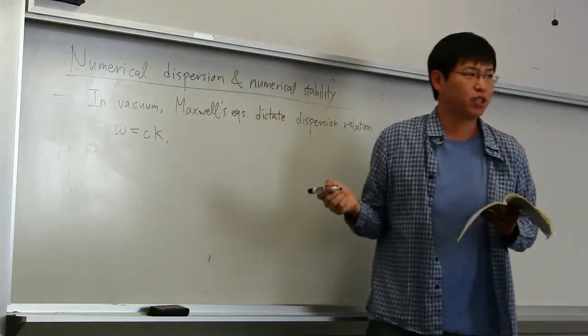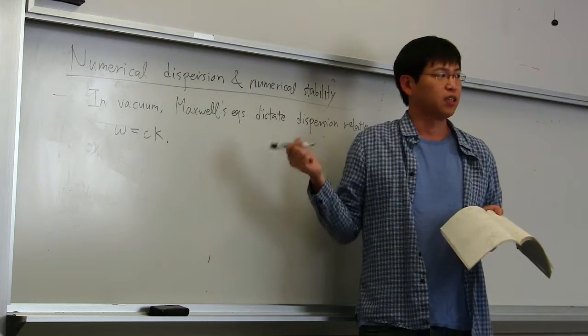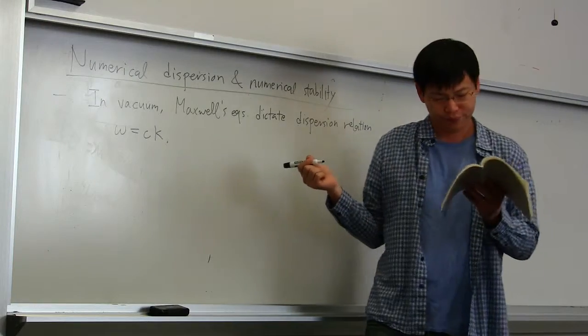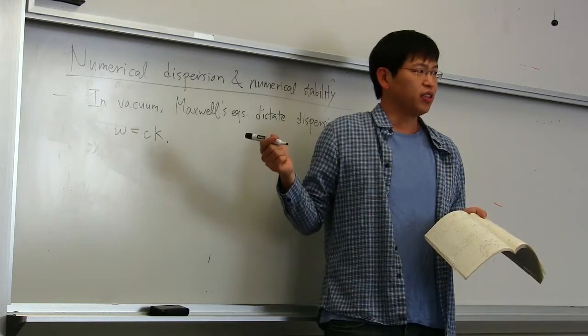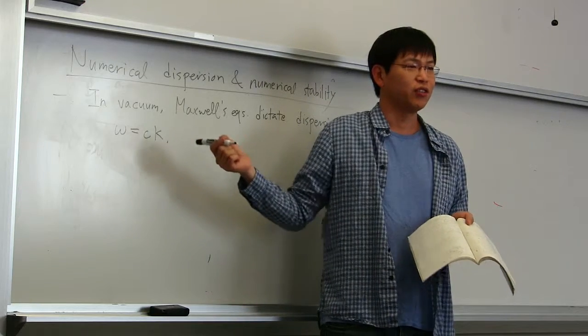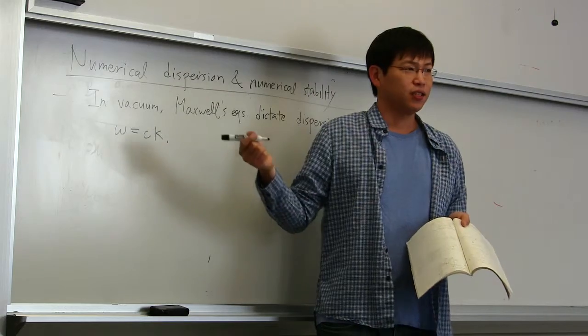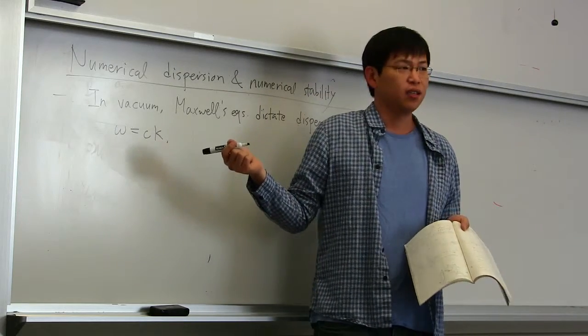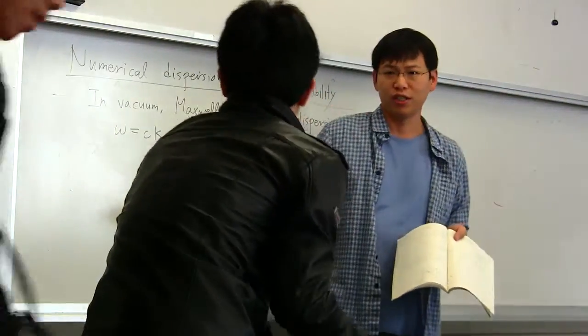So dispersion relation is simply the relationship between frequency omega and the wave vector k. So is there any person who doesn't know this relationship? So this is simply derived from Maxwell's equations.